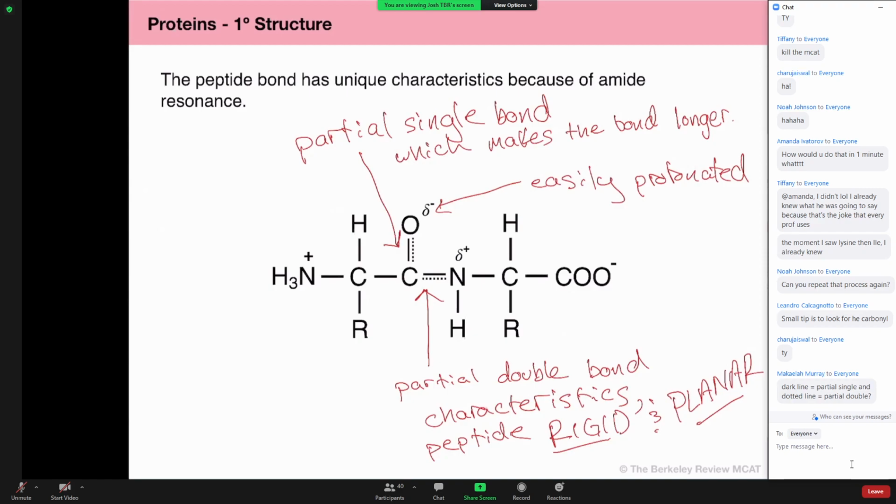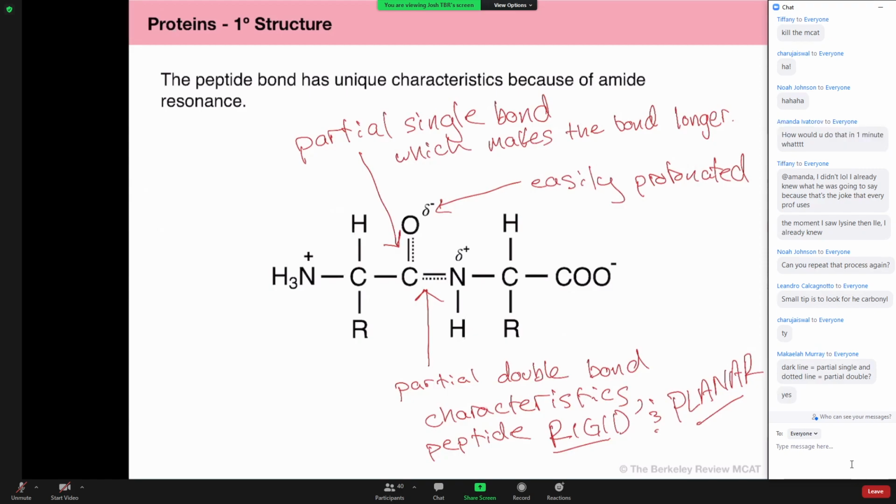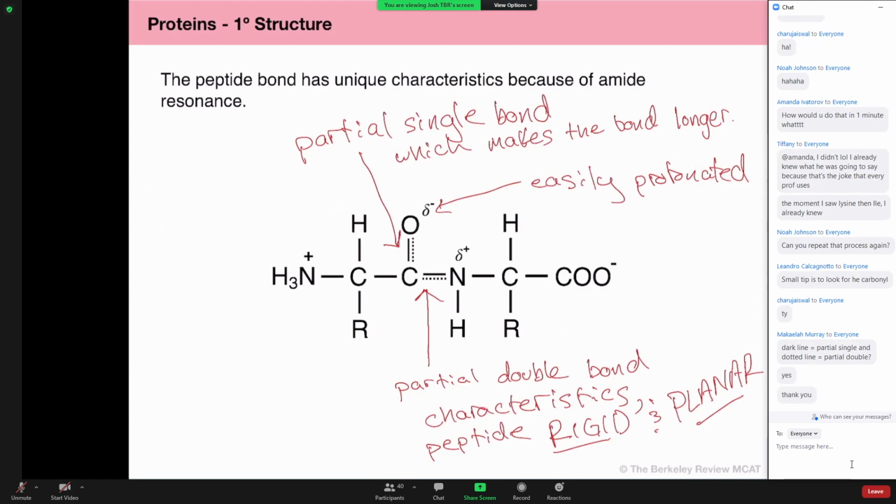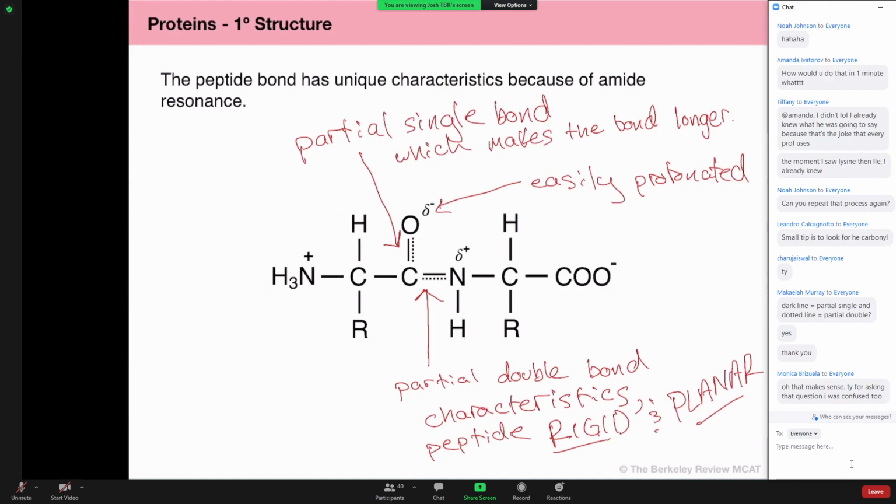And someone asked another really good question. What's the significance of rigidity and planarity? Okay. And that's because it's going to give proteins this defined structure, right? Where you have this backbone that doesn't rotate, right? Like chiral molecules would rotate, right? In space. So it'll give these proteins a much more firm structure.